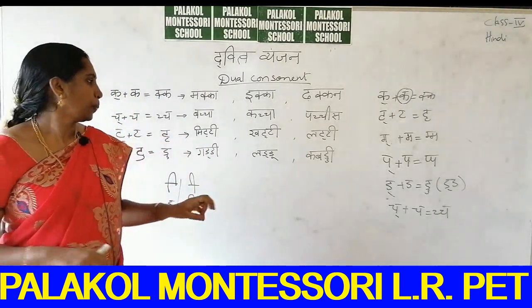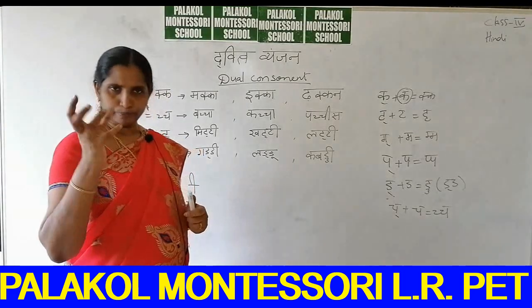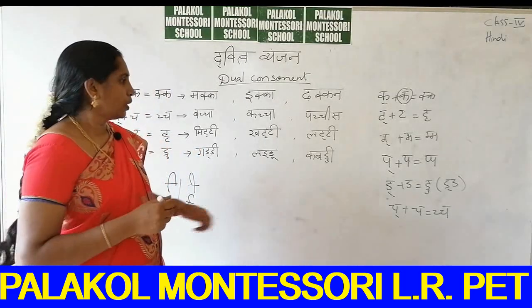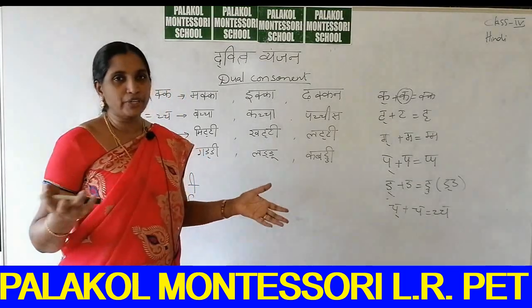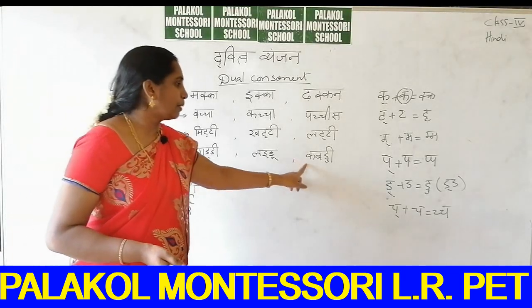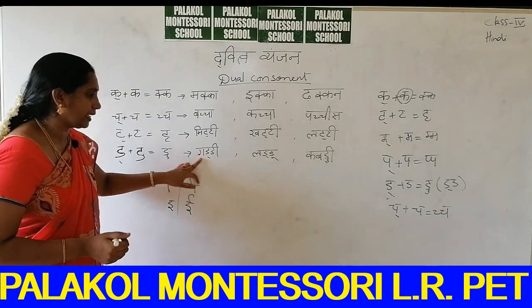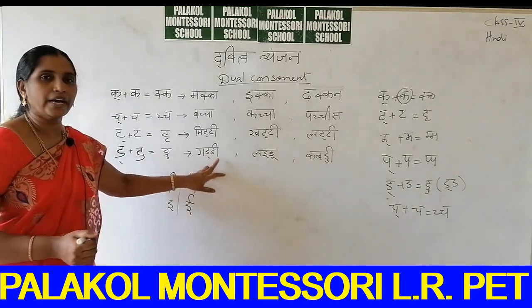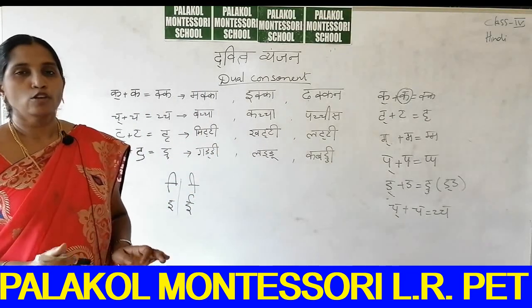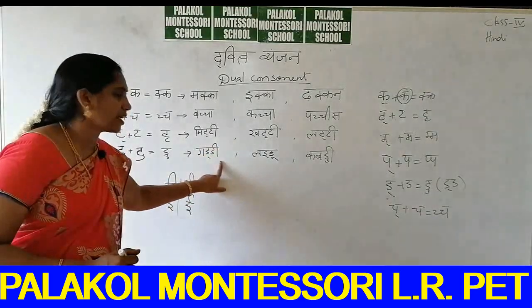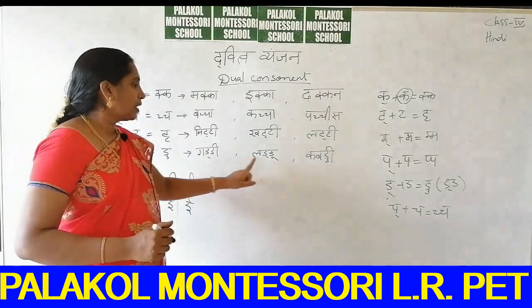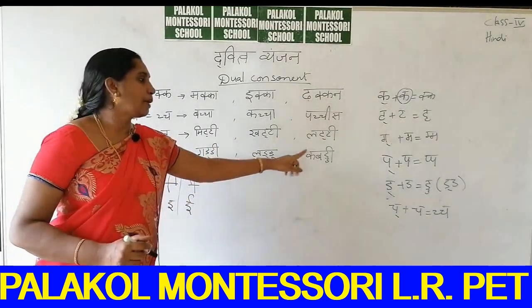Any vehicle. Next, laddu. You know laddu. Sweet, that is laddu. Next, kabaddi. It is the name of the game. Here once again I am repeating this word gaddi. Ga, half da and da ki e ki matra is there. So it is a bade e ki matra here. So gaddi. Next, laddu, kabaddi.